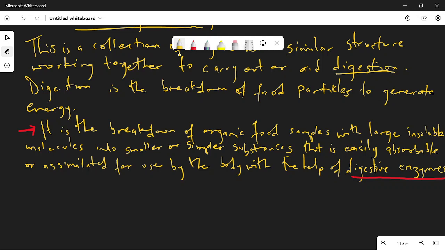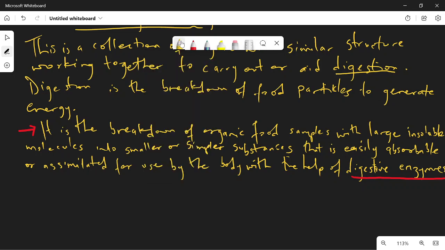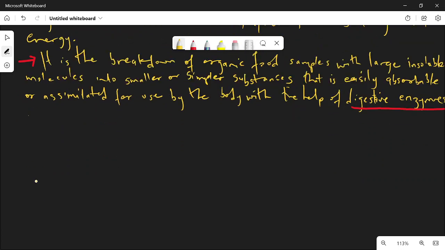So we will quickly be looking at digestion now. I'm going to base this particular topic specific to the animals, so I'll be using man as an example.